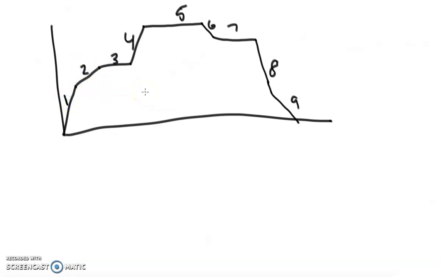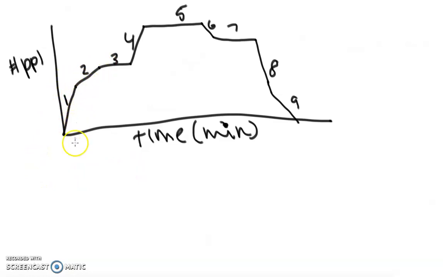Okay, so this is a graph where it shows the number of people in an X amount of time. So all we're doing is trying to identify what these different numbers mean. So the first part of this is compare segments 1 and 2. So this is segment 1, segment 2.